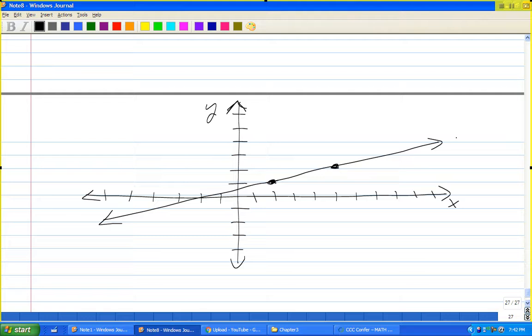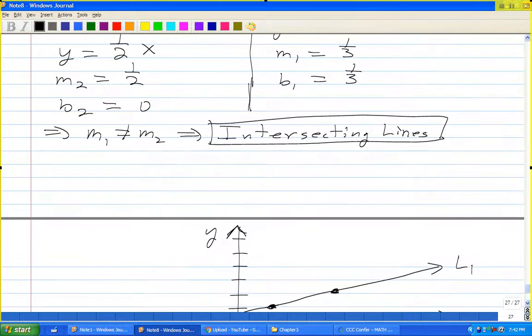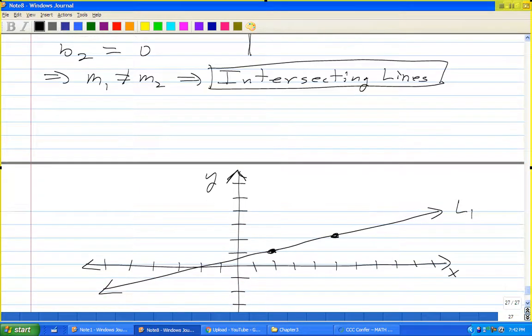I have here L1, L2. The y-intercept is 0, with a slope of 1/2, so over 2, up 1. Okay, so it looks like this. So my point of intersection would be (2, 1).